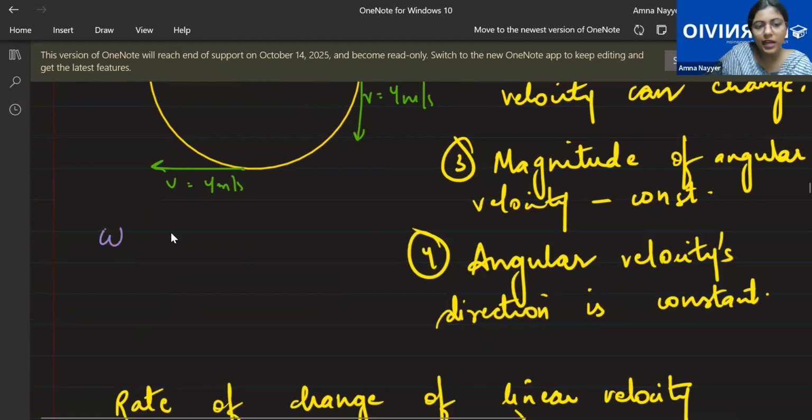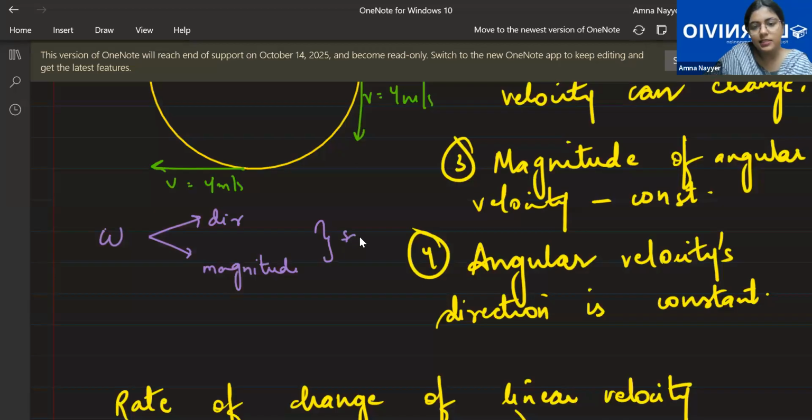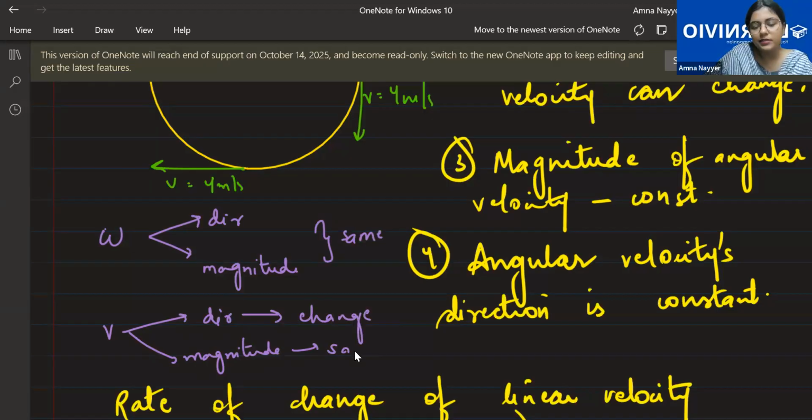But when you talk about the linear velocity, its direction and its magnitude, here the direction can change, but the magnitude remains the same. So only one quantity changes, and that's how you identify whether a uniform circular motion is existing or not.